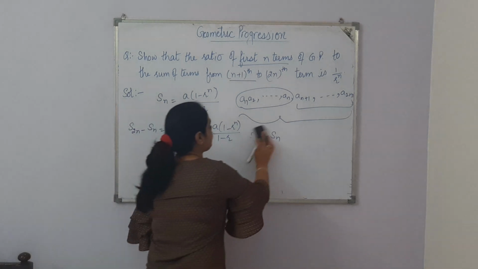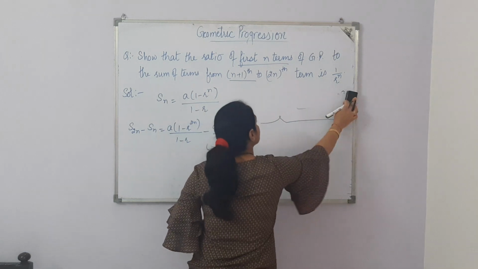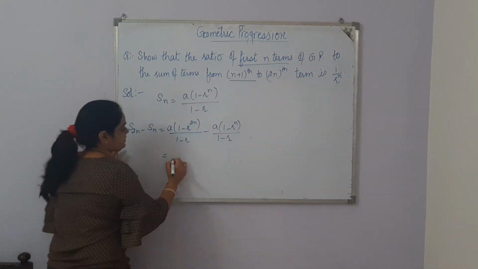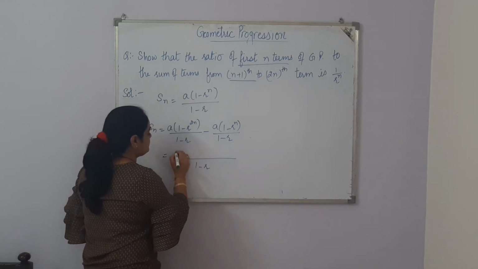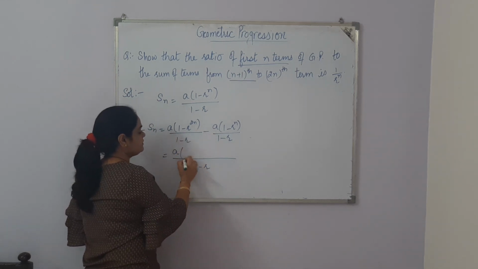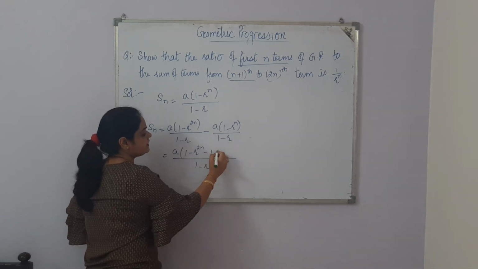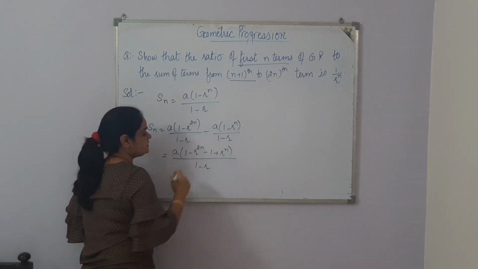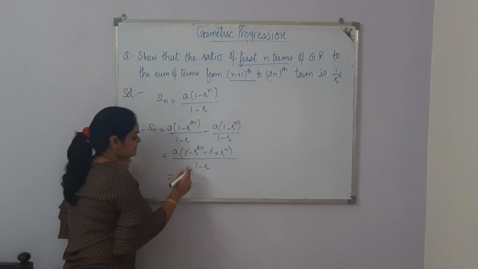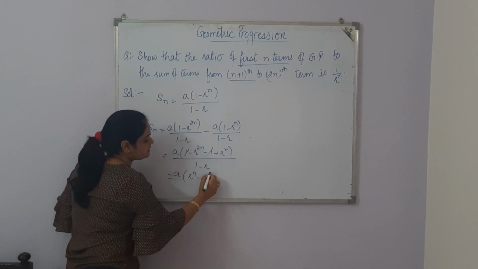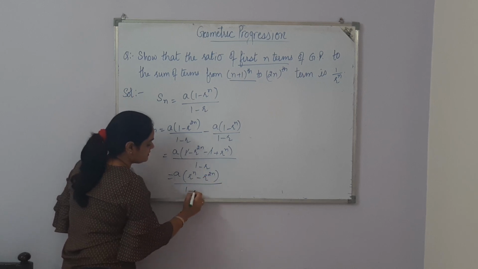Now we'll take the LCM, which is 1 minus r. Can we take a as common? 1 minus r raised to power 2n, and since a negative sign is there, the signs inside will be interchanged. 1 will subtract with 1. Now we have r raised to power n minus r raised to power 2n upon 1 minus r.